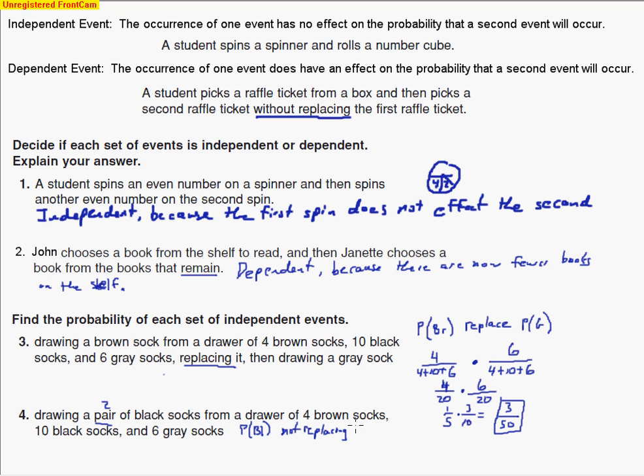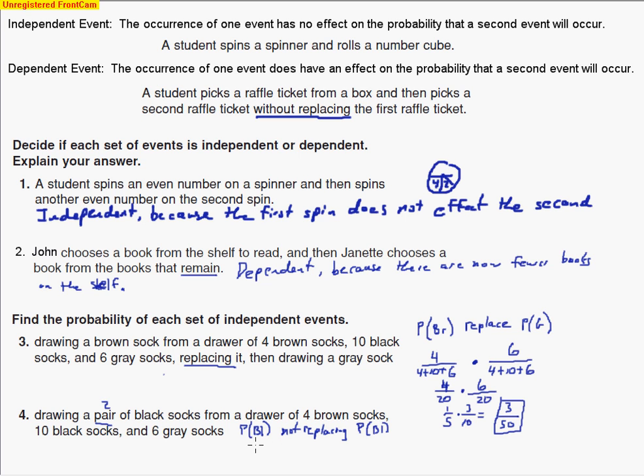So now the probability is changing. This is a dependent event because selecting that second black sock was affected by the selection of the first one, because now there are fewer black socks. So we're changing this problem to make it this way, where we're not replacing it, because they didn't say whether they replaced it or not, even though the directions say independent events here.